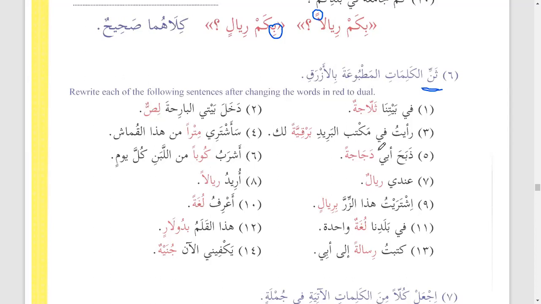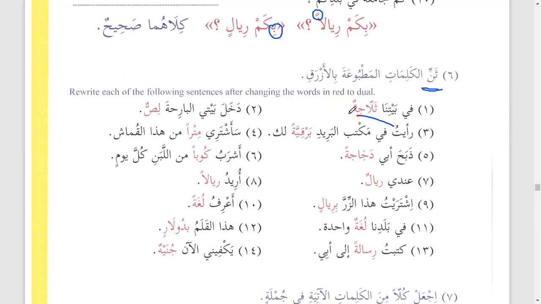Okay. رأيت في مكتب البريد برقية لك. I saw two telegrams for you in the post office. رأيت في مكتب البريد برقيتان. في مكتب برقيتين. Yes. Why is that?